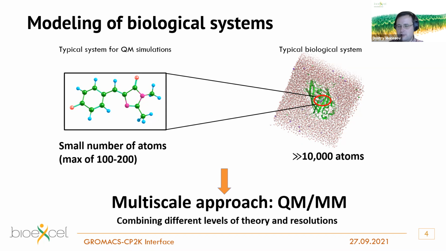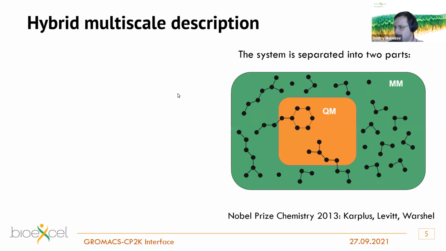For that reason, a multiscale approach was developed, where you combine different levels of theory to achieve both the size of your system and the individual resolution needed, for example, for reactivity. Actually, not so long ago, in 2013, when I got my PhD, the Nobel Prize was given for this kind of methods to Karplus, Levitt, and Warshel.